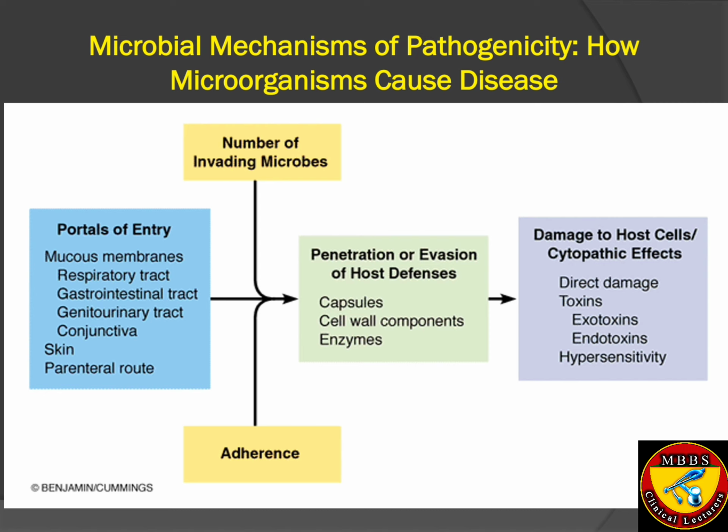First they have to penetrate or evade the host defense by means of their virulence factors, whether they are capsules or any cell wall component, or by means of releasing enzymes. Then once they penetrate the host defense, they are able to damage the host cells, and they also insert cytopathic effect. They can cause direct damage because of their endotoxins, or they can release toxins, whether they are exotoxins or endotoxins. These bacteria can also lead to hypersensitivity reactions.